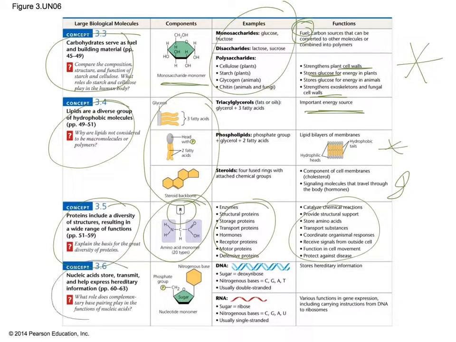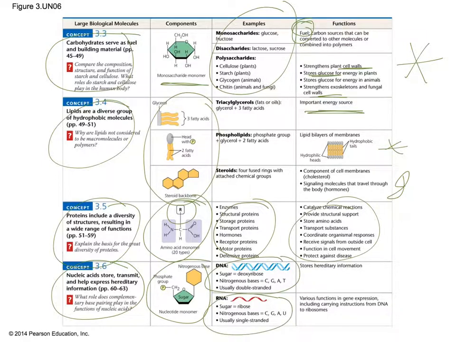And then lastly, nucleic acids express that heredity information, allow us to build proteins according to that inherited information. We've got this main structure, the nucleotide, which contains the nitrogenous base, a sugar, and a phosphate group. The two types would be DNA and RNA.